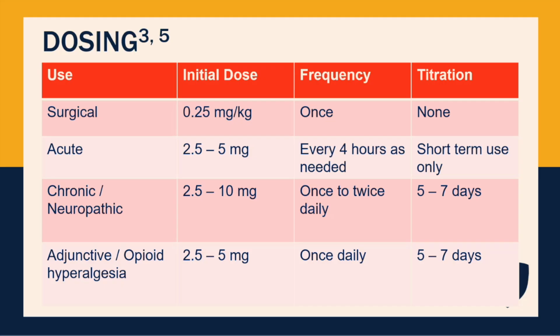For chronic neuropathic pain, the initial dose is generally 2.5 to 10 milligrams, once to twice a day. And you generally titrate this about every 5 to 7 days. The rationale for titrating every 5 to 7 days is so that repeat dosing can get to steady state.